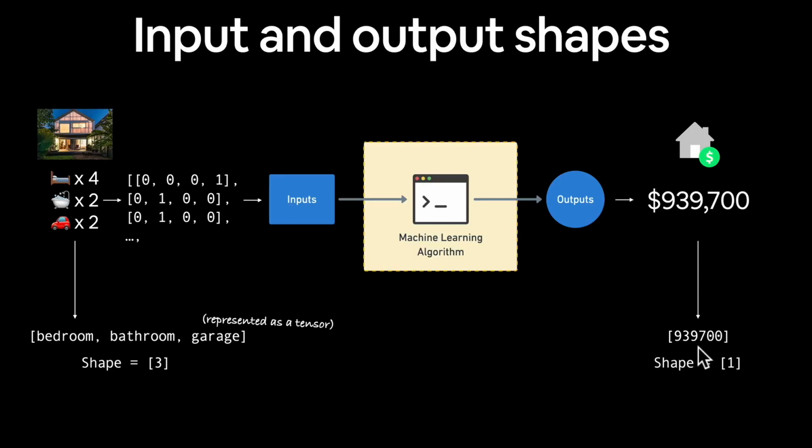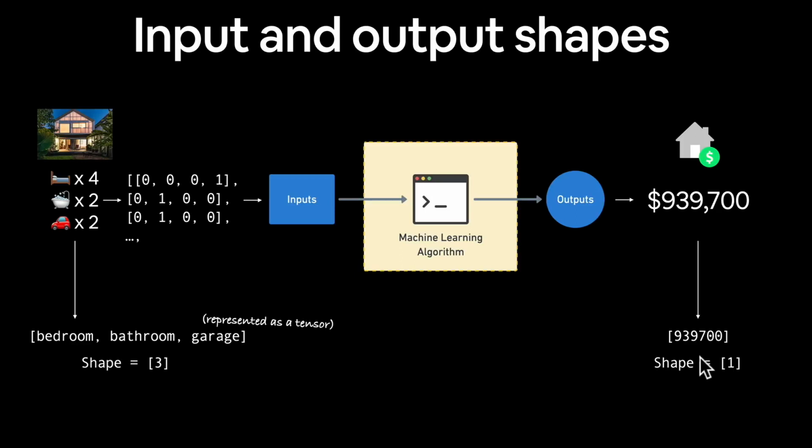So for each example that we're going to pass through our machine learning algorithm, each sample will have an input shape of 3: number of bedrooms, number of bathrooms, number of garages. And each sample will have an output shape of 1 for the price we're trying to predict. Now this is just for our housing price prediction example. We can adjust these, so the bedroom, bathroom, garage can be almost as many different inputs as we want.